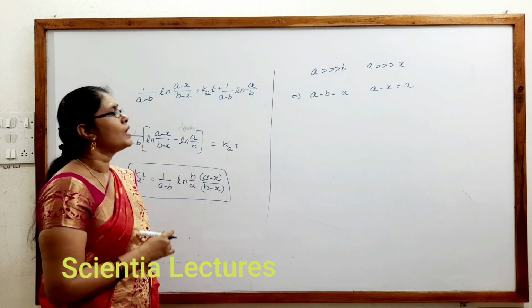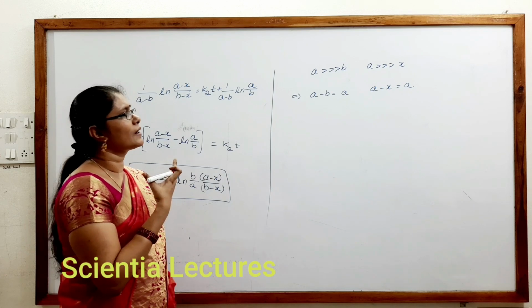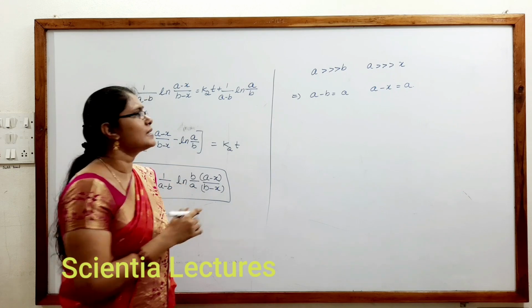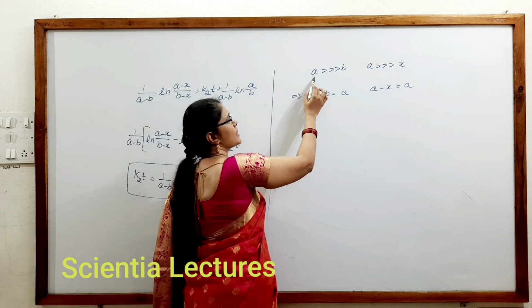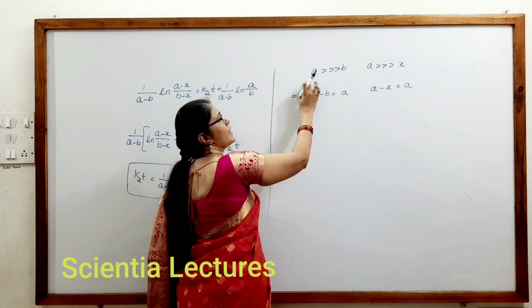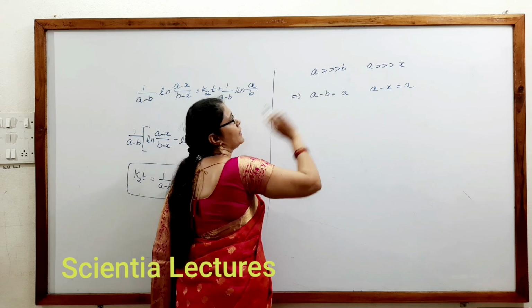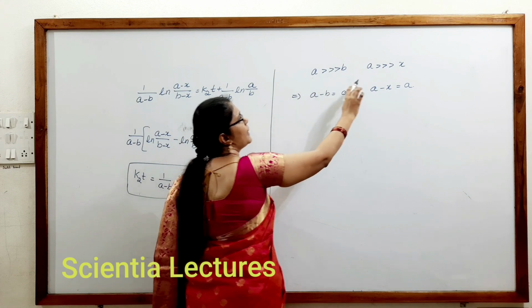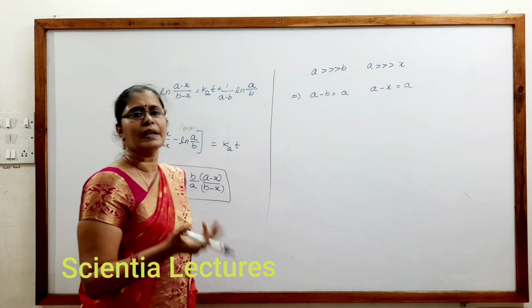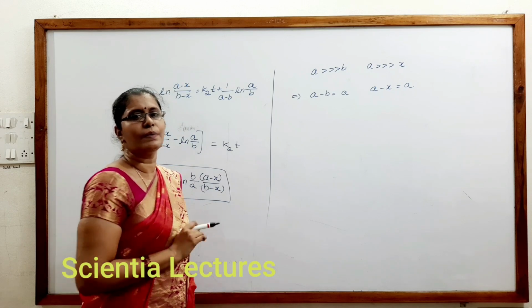Let us see how. Suppose the initial concentration of A reactant is taken in excess. What is the initial concentration of A reactant? We have taken this a is very much greater than b. As it is very much greater than b, it is also surely very much greater than the reacted amount, because a very negligible amount compared to the excess will be reacted.